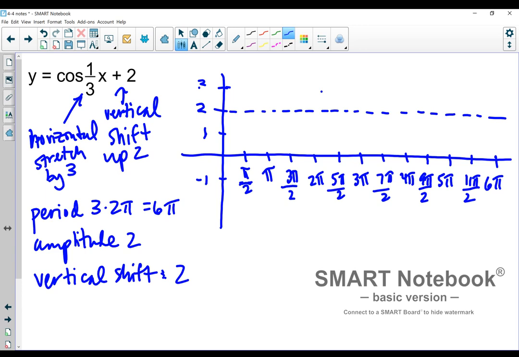Okay, and parent function. So parent function for cosine. So cosine is up, middle, down, middle, up. And then I'm just going to keep drawing it.